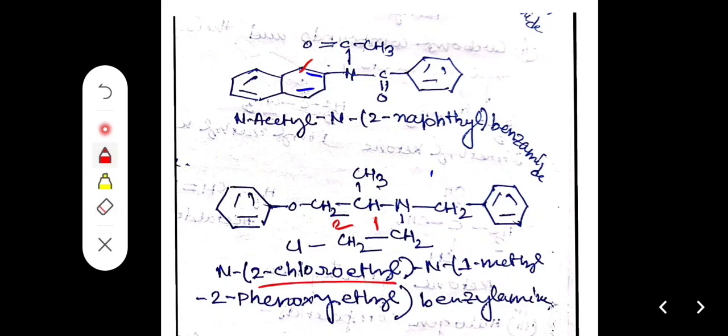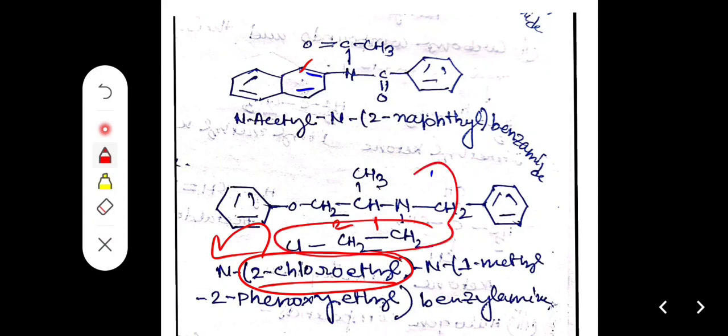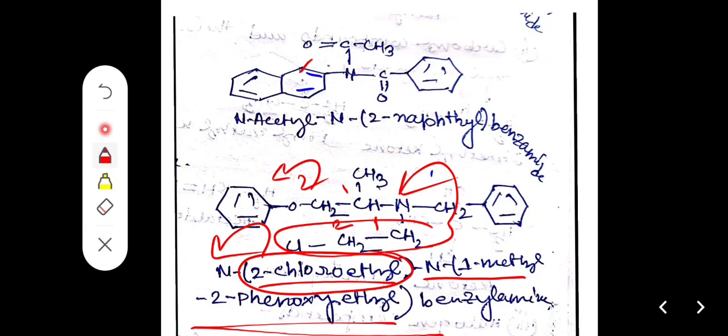So N hyphen in bracket 2-chloroethyl, because this unit is attached with nitrogen. Then hyphen N 1-methyl 2-phenoxyethyl, that is 1-methyl 2-phenoxyethyl, overall that is ethyl, right?